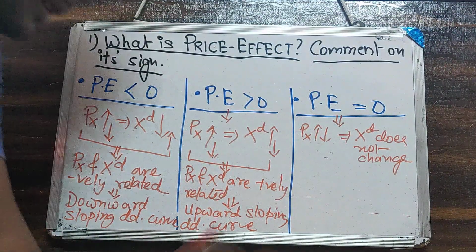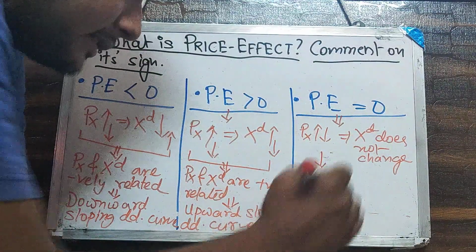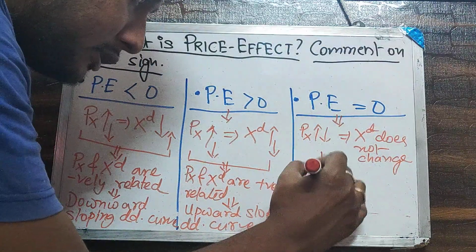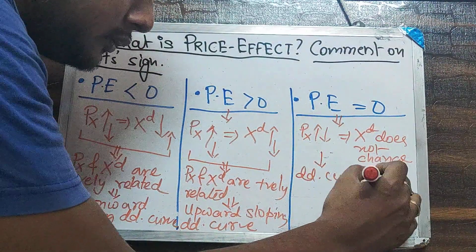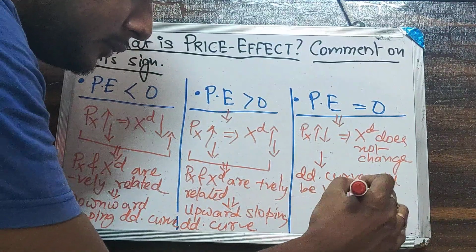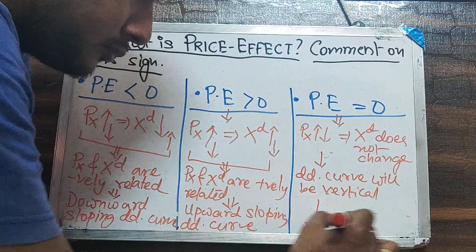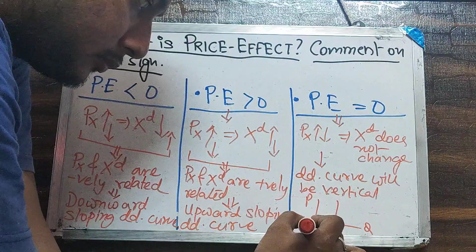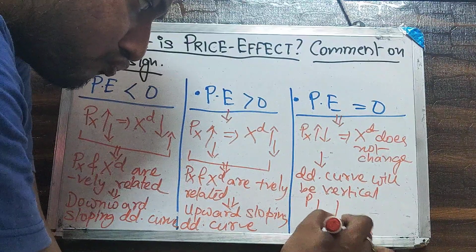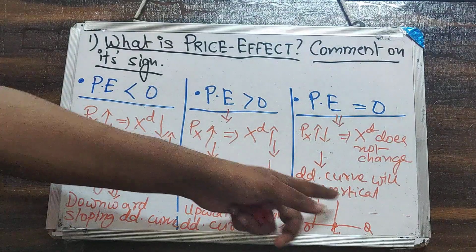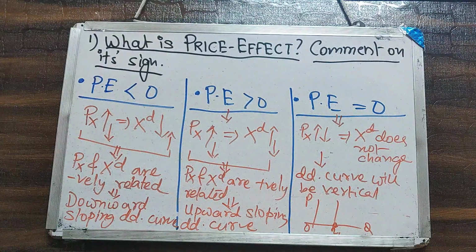Now, in this case, demand curve will be vertical. Here, demand curve will be vertical. Price, quantity, this is your demand curve.